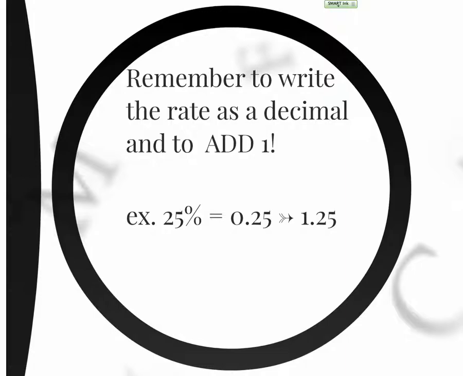So that's why we have to add that 1. Just a little example to jumpstart your memory: if the growth rate is 25%, we would convert that to a decimal, so it's 0.25, and then add 1 to it, so the rate we would use would be 1.25. So that 1 adds that initial amount in with the interest or the new growth.